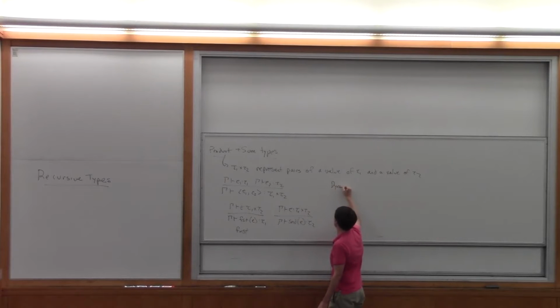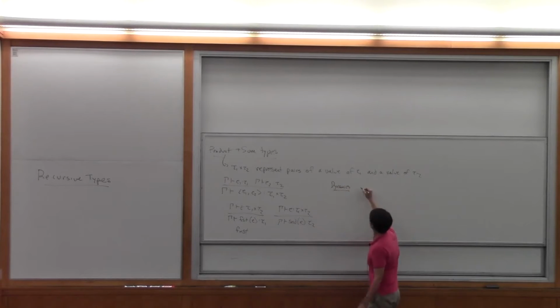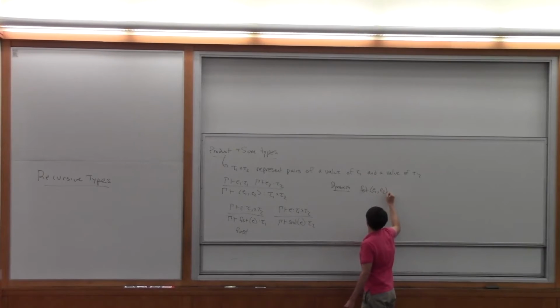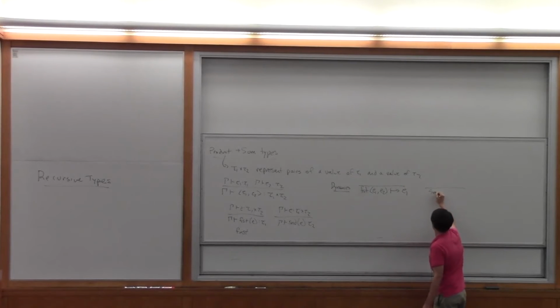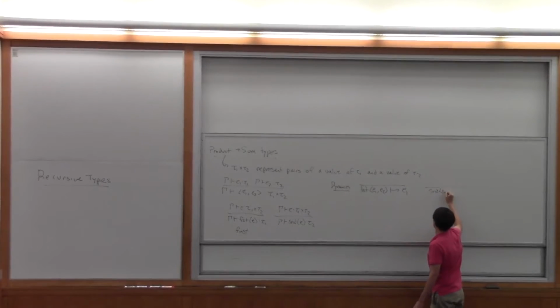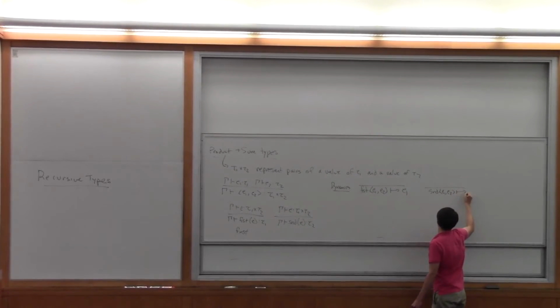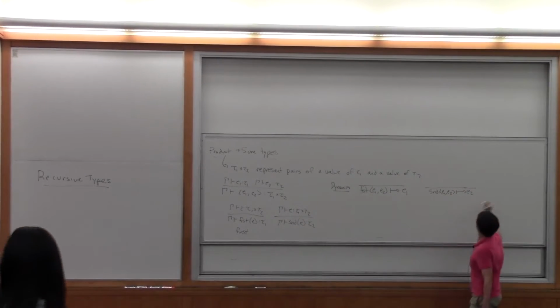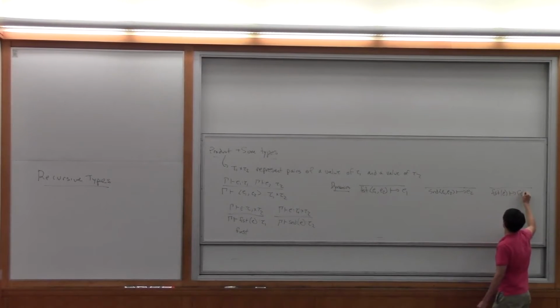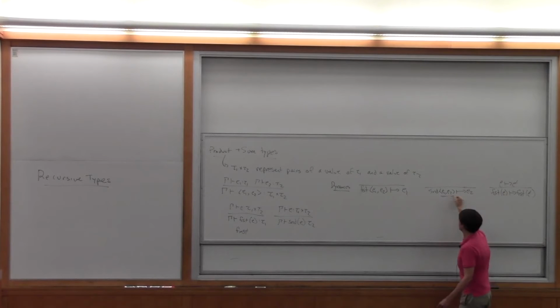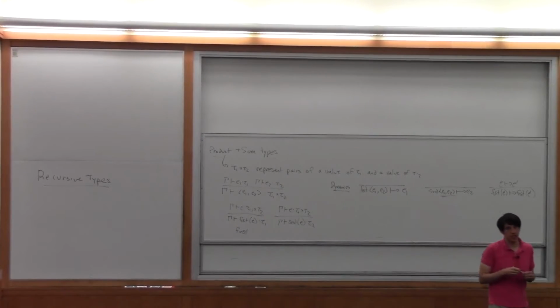And then the dynamics says that, well, the key instruction steps are that the first projection of the pair E1, E2 steps to E1, and the second projection of the pair E1, E2 picks out E2, and we'll have rules like the first projection of E will step to the first projection of E prime if E steps to E prime, so that we can look for a pair in the argument to take the first projection of.